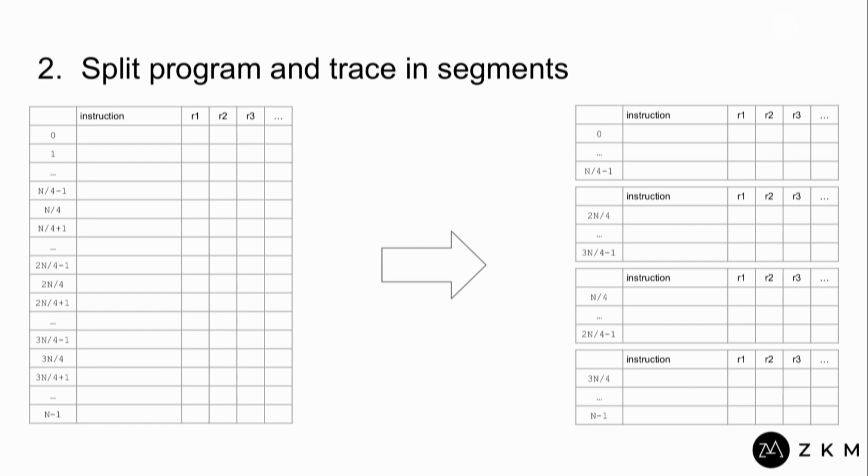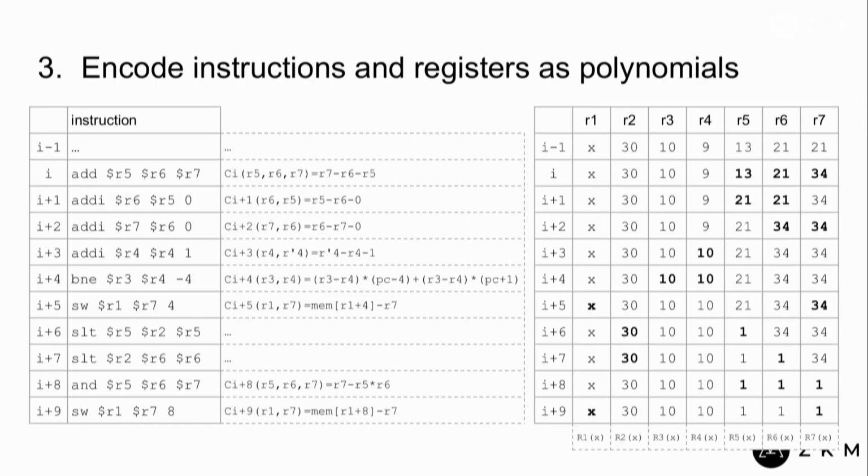After we get this trace table, we need to apply a technique like continuation. That means we split the whole table into different segments, and each segment may have a fixed number of instructions.